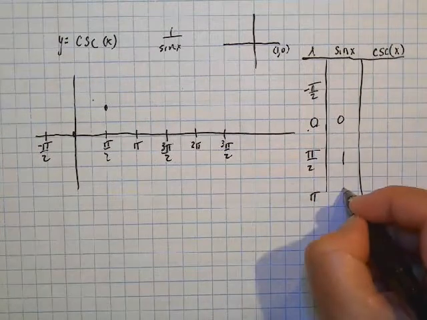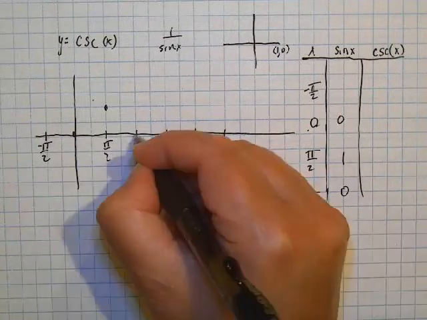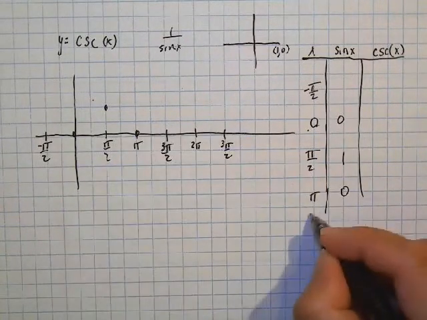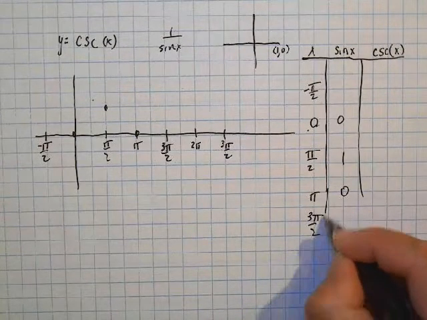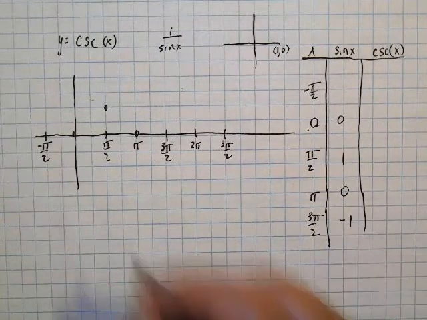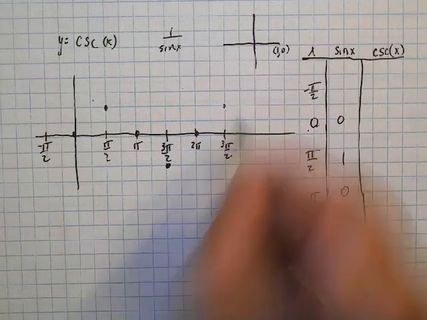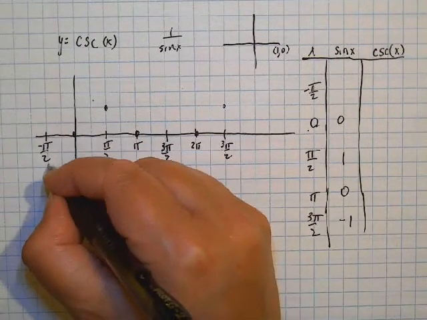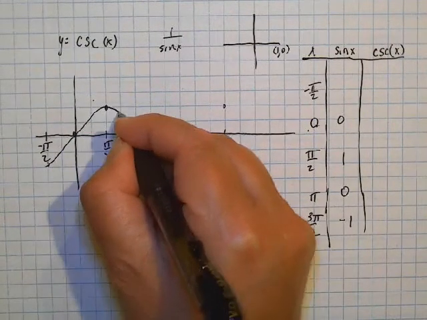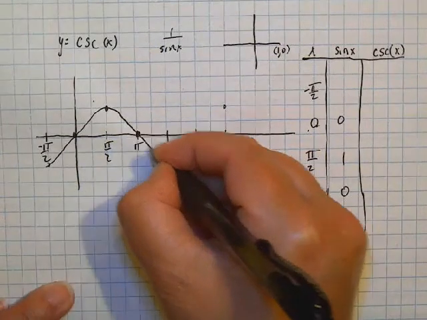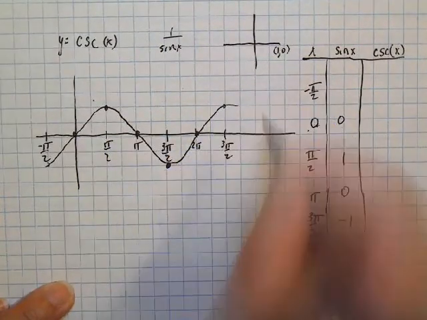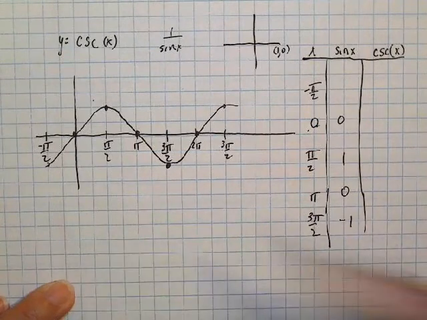At pi, sine is 0. At 3 pi over 2, sine is -1, so it starts looking like this, and then back up to 2 pi, and so on. So sine looks like this, and that's something we've known, and the period is 2 pi.